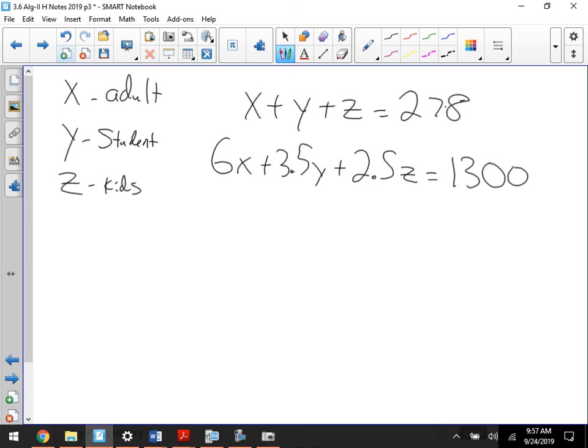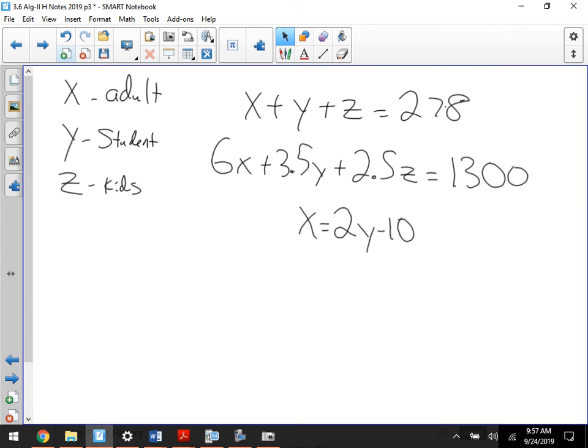It says the number of adult tickets sold was 10 less than twice the number of student tickets. 10 less than twice the student tickets. Well, adult tickets is what variable? X. Okay. What method are you going to do first?